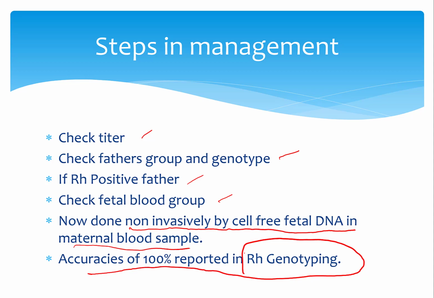The fetal cell-free DNA is circulating in the maternal blood. If the mother is negative, there is no D gene in the mother, so if you see the D gene, it is definitely coming from the fetus, and it will help us to identify.